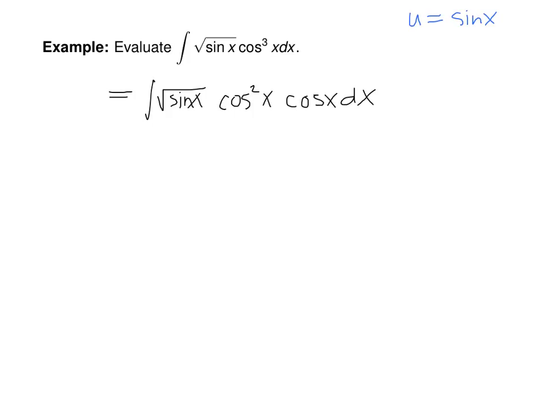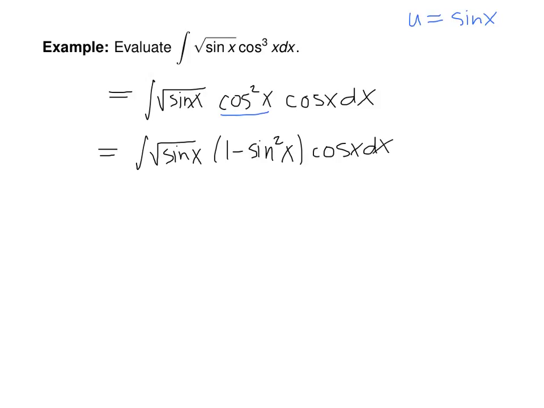And according to the Pythagorean identities, cosine squared x is 1 minus sine squared x. So we have the integral of root sine x times 1 minus sine squared x times cosine x dx. And if u is equal to sine x, then du is just equal to cosine x dx.